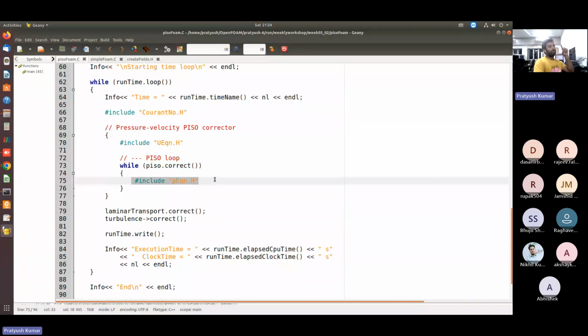It is going to iterate for whatever number of corrector iterations you are providing in the fvSolution file, to solve the pressure corrector term, and then the outer corrector term is solved.